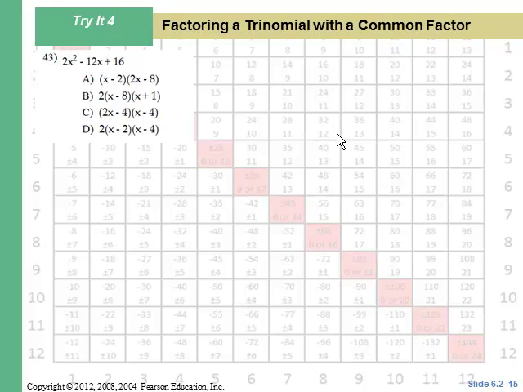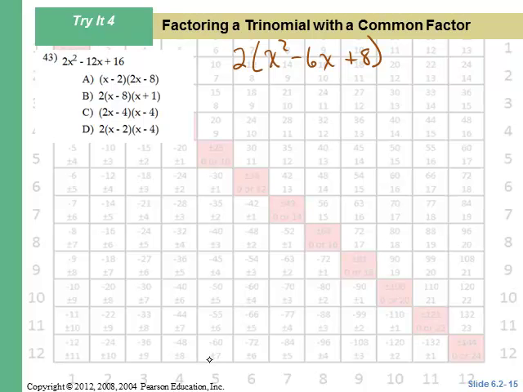Okay, you try this one. Well, you can first of all factor a 2 out of everything, and you're left with x squared minus 6x plus 8. So we're looking at the corner of 8 and 6.